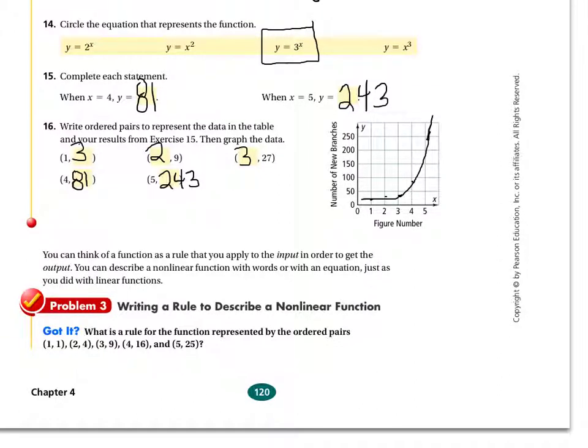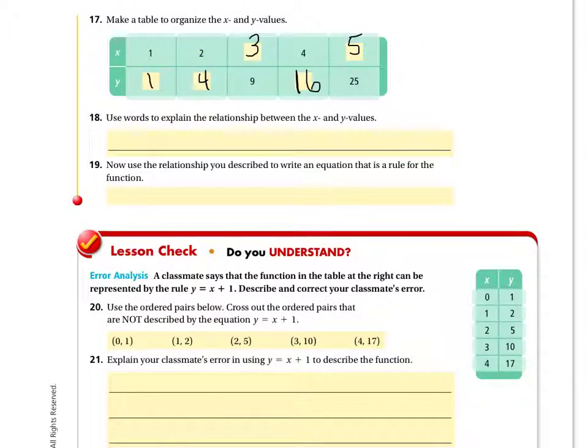On problem number 3, we're going to write a rule to describe a nonlinear function. In this case, we have 5 ordered pairs. I'm going to flip the page because it will continue on the back. As you can see on number 17, I filled in all the blanks here that we had from the previous page to make it a little easier.